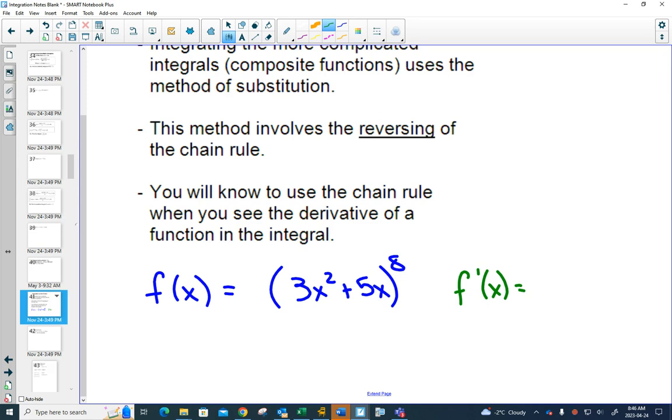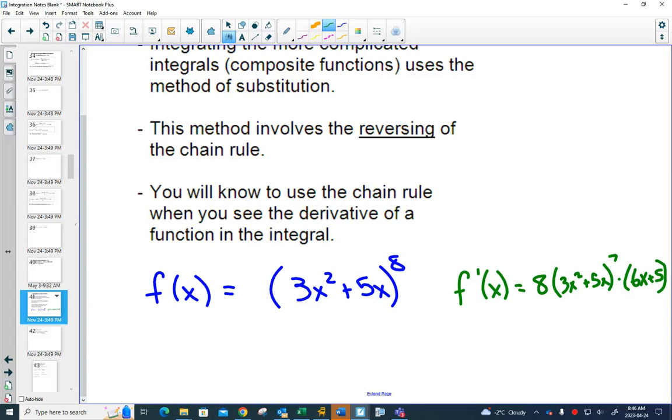And in our chain rule, remember, we did the derivative of the outside function, kept the inside function the same, and then multiplied by the derivative of the inside function. So our outside function is the exponent of 8. We would keep the inside the same, and then multiply by the derivative of the inside.